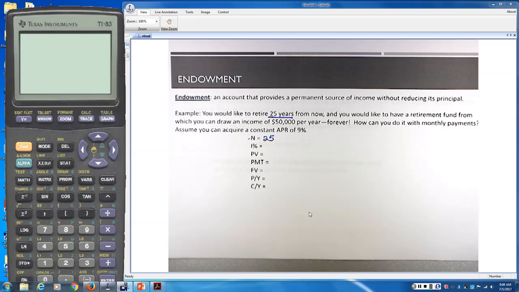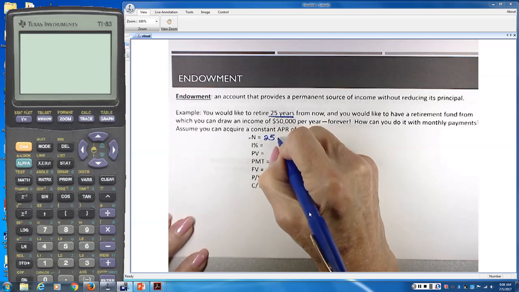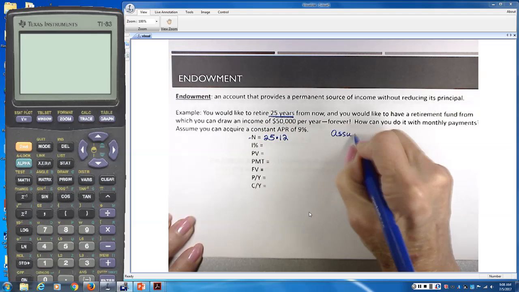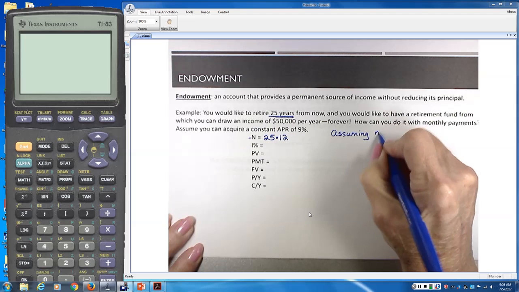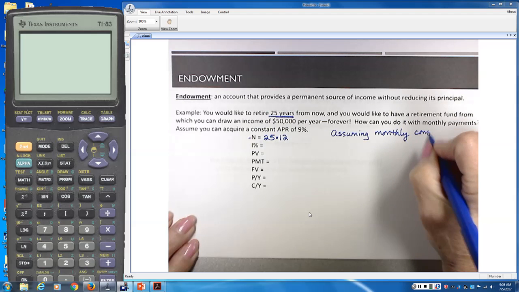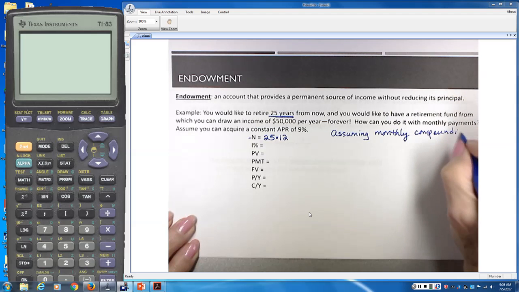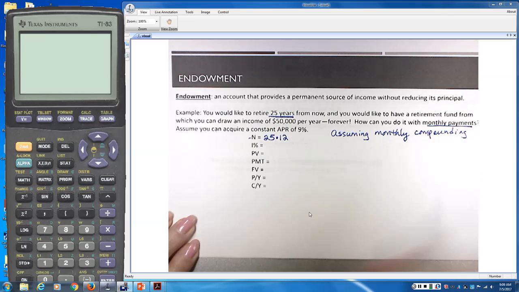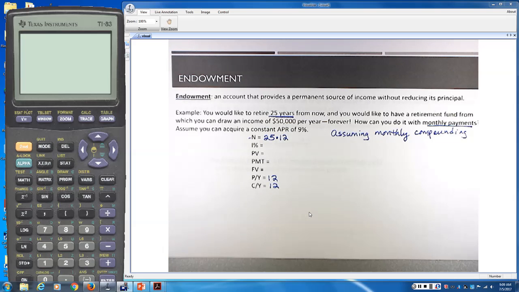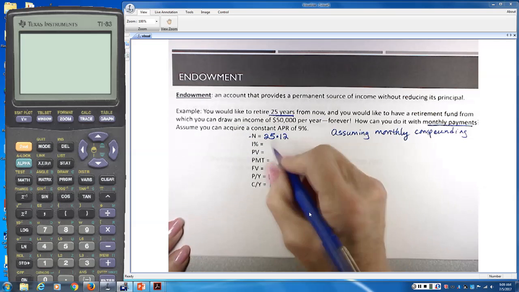And let's assume that you could get interest compounded monthly, which makes sense because we're going to make monthly payments. And it says your interest rate's going to stay constant at 9%.